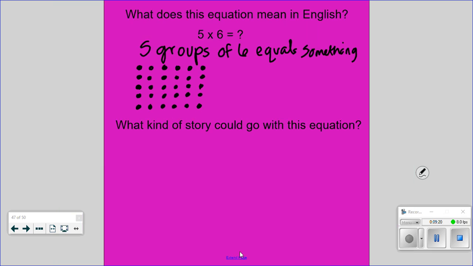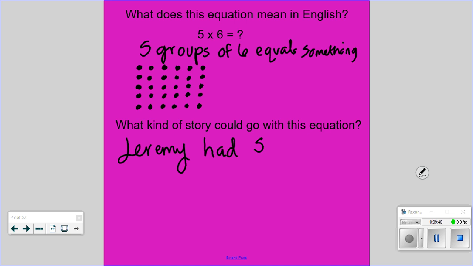Jeremy had 5 toys. Jeremy had 5 action figures. So pause. What does that number 5 represent? Look back at what we wrote. Jeremy has 5 boxes of action figures.